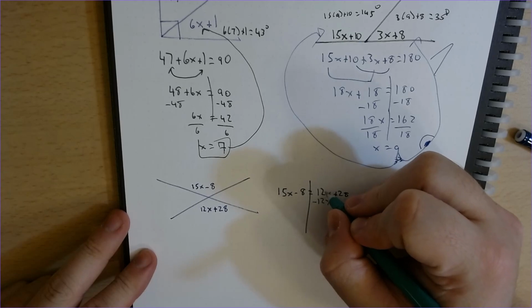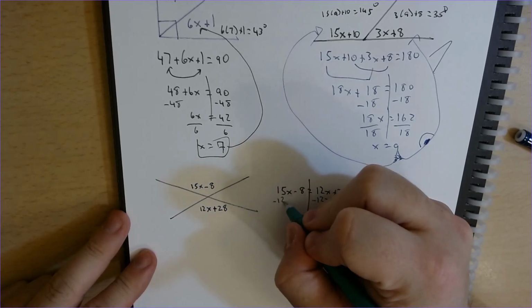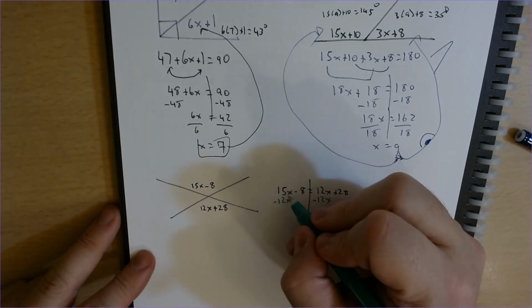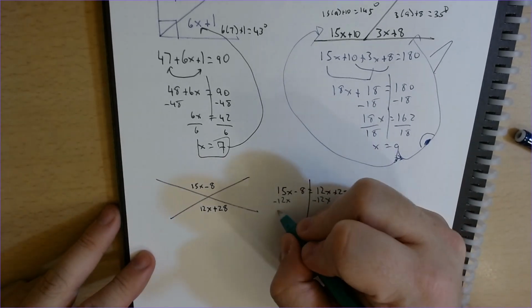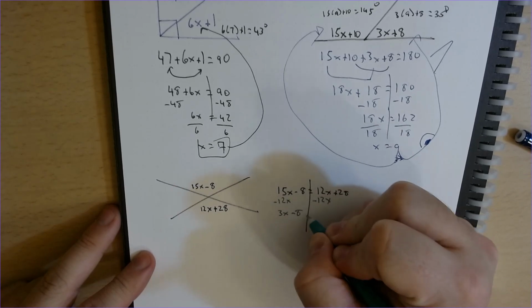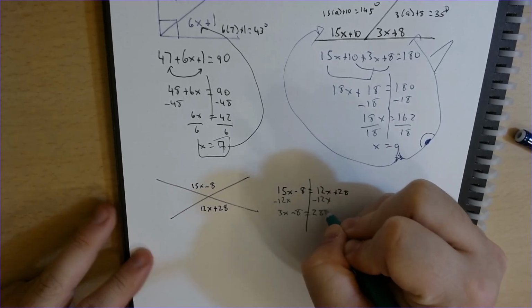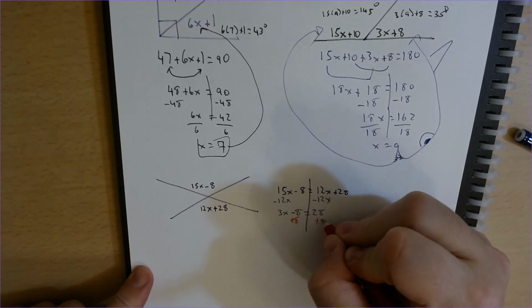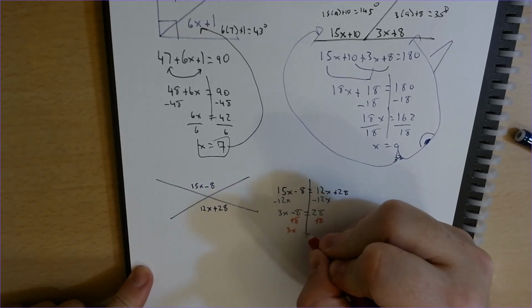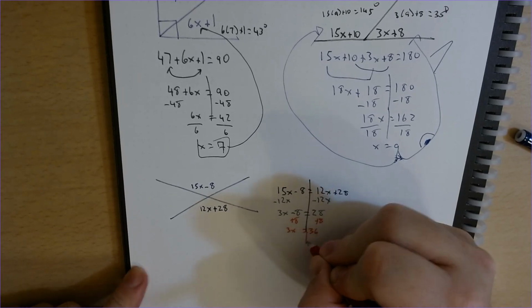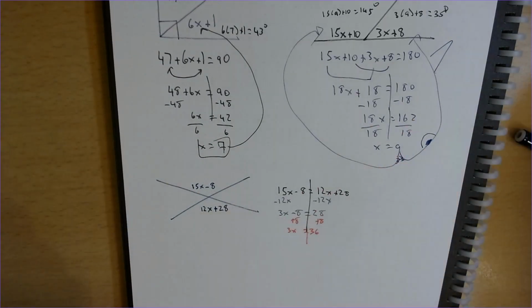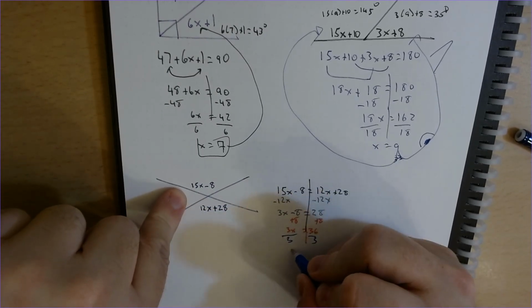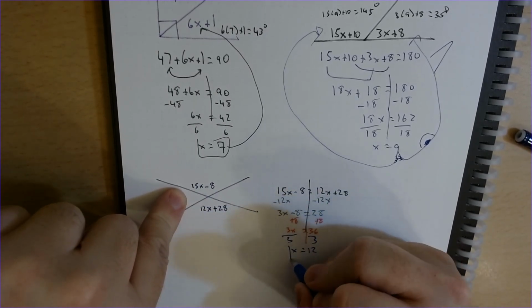Take the x that's smaller, move to the other side. X is on one side, numbers on the other, and it's easier to move the smaller one. 15x's minus 12x's is 3x's. Opposite of minus 8 is plus 8, so now we got 3x equals 36. And now we're going to divide to get rid of that 3. We get x equals 12.